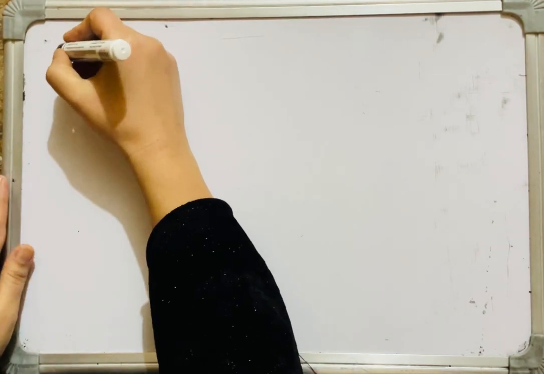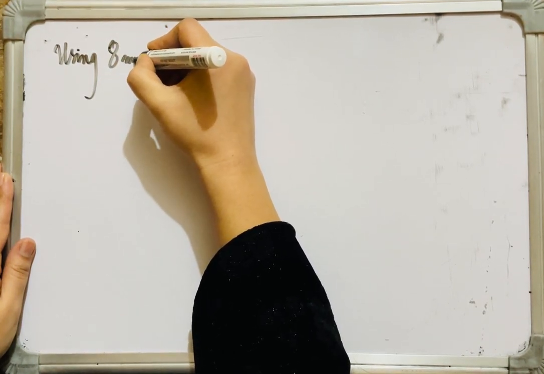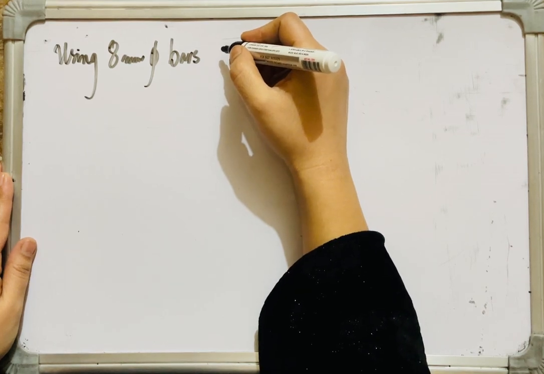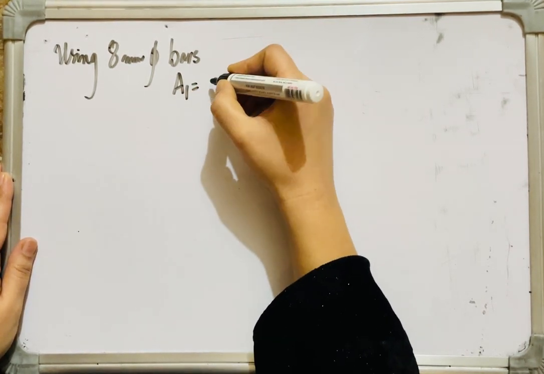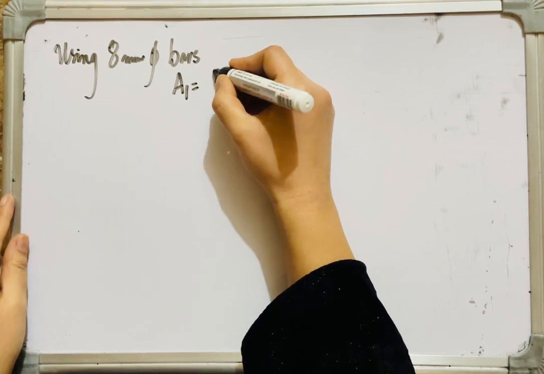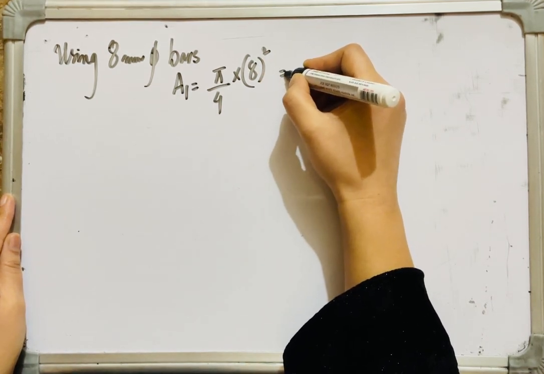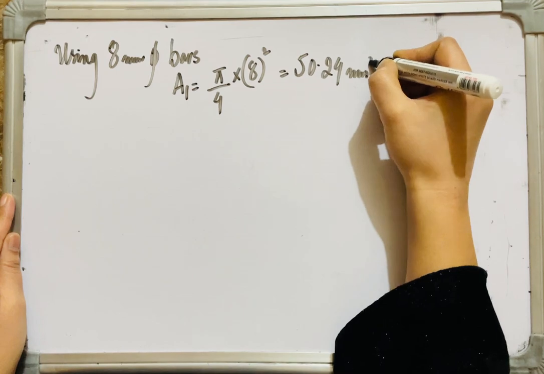Alright, so I'll be using 8 mm dia bars for distribution steel. So area of one bar is pi by 4 into 8 squared, which is 50.24 mm square.